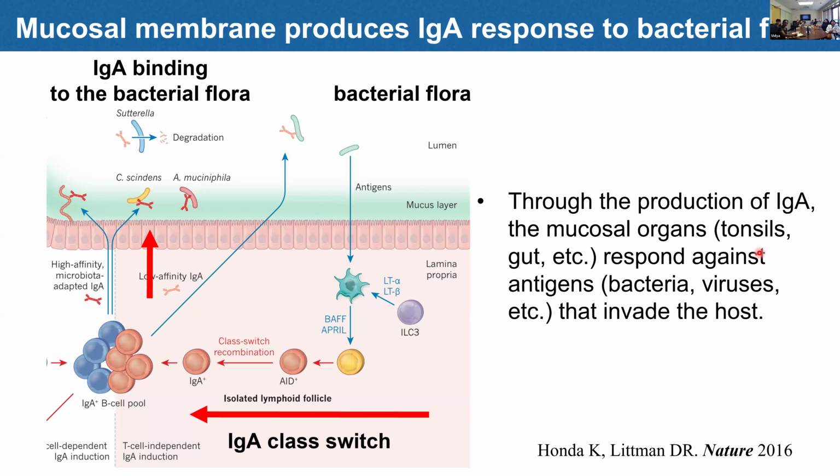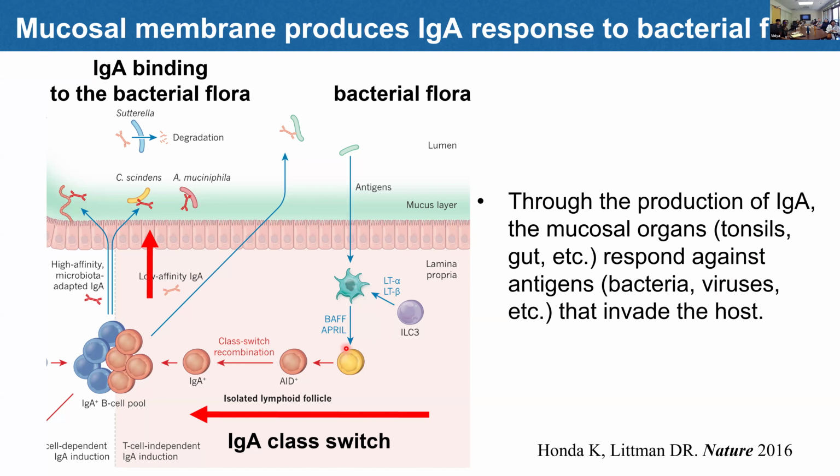So let me explain how IgA is produced at the mucosal membrane in a little more detail. IgA binds to the bacterial flora on the surface of the mucosal membrane, such as the tonsil, gut and other upper respiratory areas, to protect the host. In addition, bacterial flora stimulate the B cells and plasma cells to produce IgA through class switching of the antibodies.